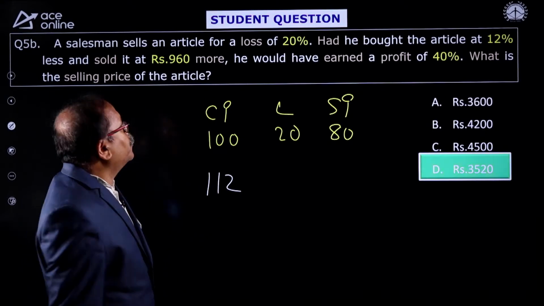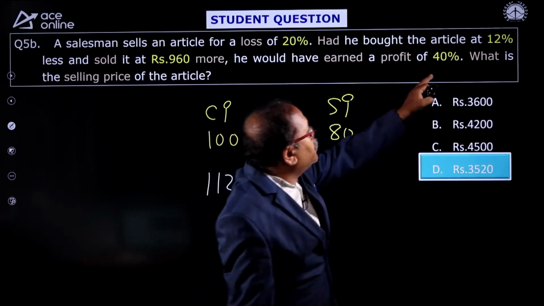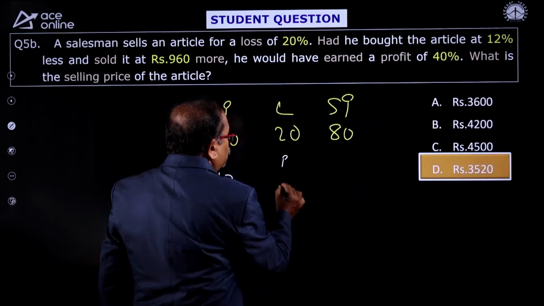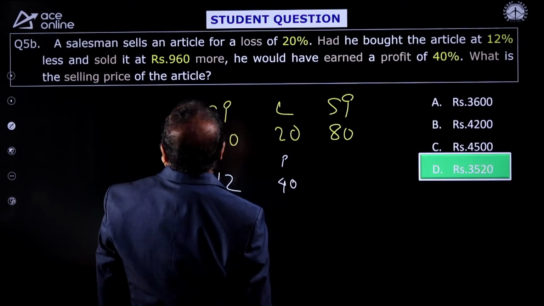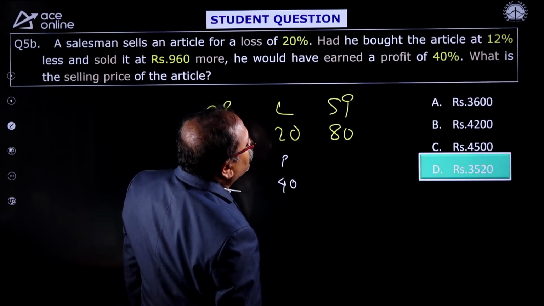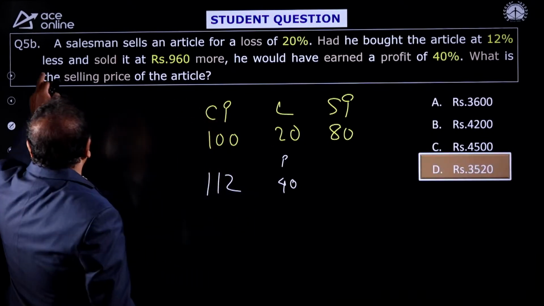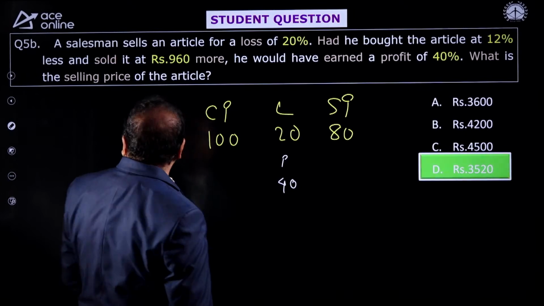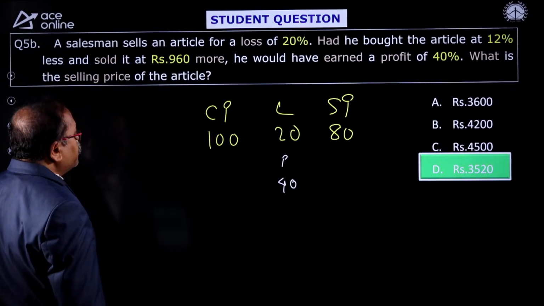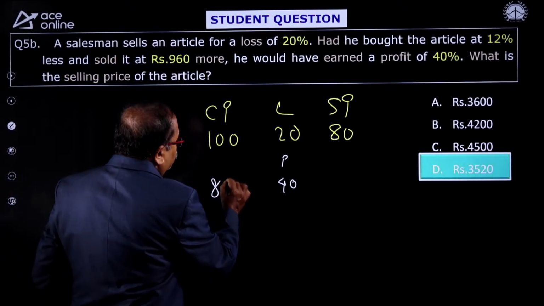Bought it 12% more. Then in that case 40% profit here. If the profit is 40%, it says that 12, had he bought it at 12% less. Okay, not more, it is less, 12% less. So in the case of 12% less, it will be 88.